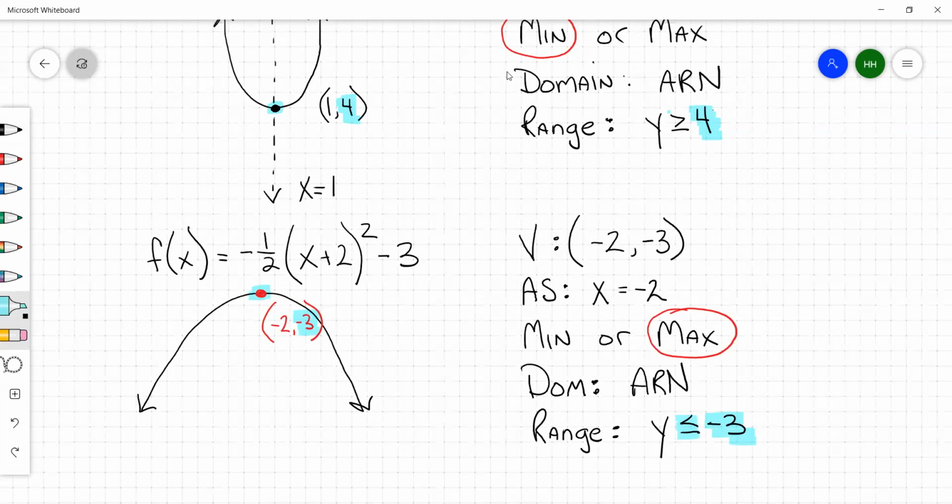You guys good with that? Identifying those 1, 2, 3, 4, 5 pieces of information about a quadratic function.